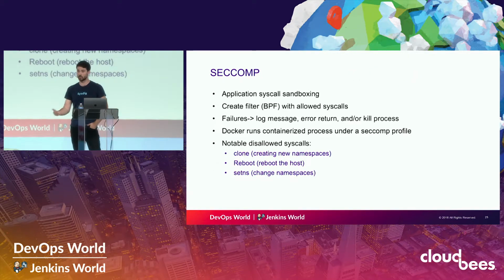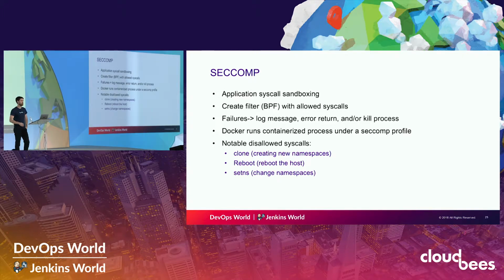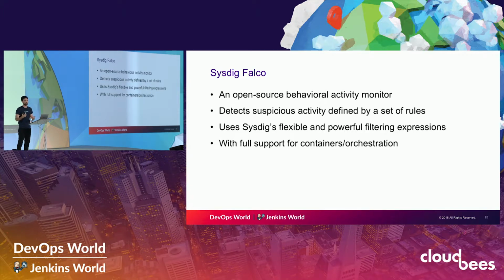For locking down those running images, you can use something like seccomp. There's a default Docker seccomp profile, and this is going to limit and sandbox the system call interface that the image has access to. One of the other approaches, and this is something that Sysdig has developed from an open source perspective, is Sysdig Falco.